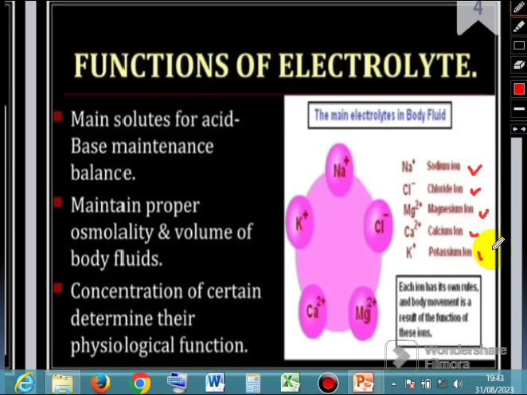These electrolytes have some important and specific functions in the human body. So if I ask you, what are the functions of sodium ion in the body?